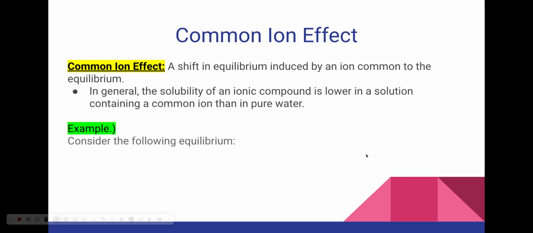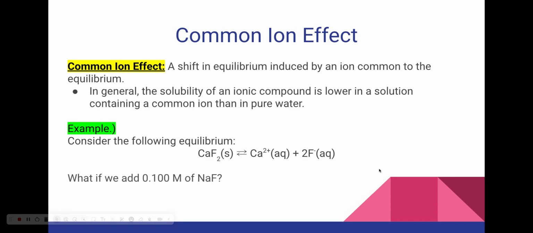So if we have an example here, if we consider our calcium fluoride is in equilibrium with calcium 2 plus and 2 fluoride ions, that's our equilibrium. And the question is, well, what happens if I add 0.1 molar of sodium fluoride? What I want you guys to see is I'm essentially introducing a common ion here.